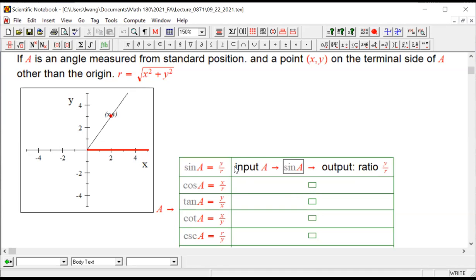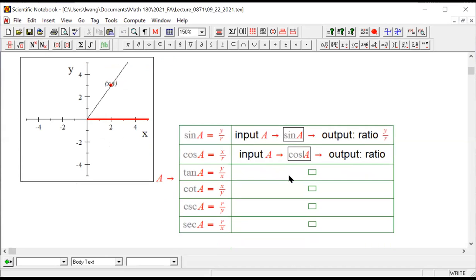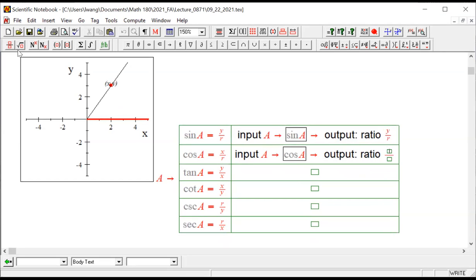Then what about cosine? The input is still an angle, and the output is a ratio, but this time it's a different ratio. It's X over R. And how about tangent?